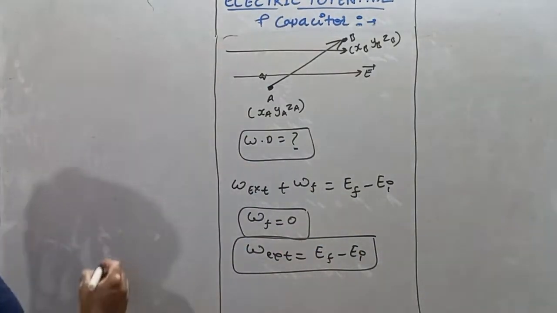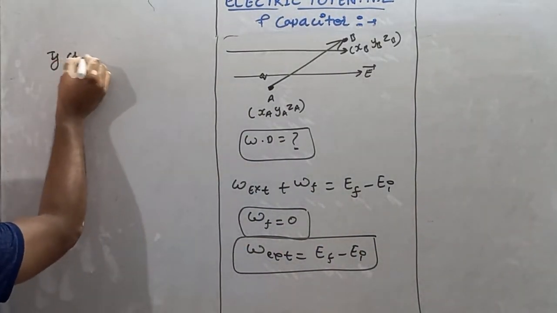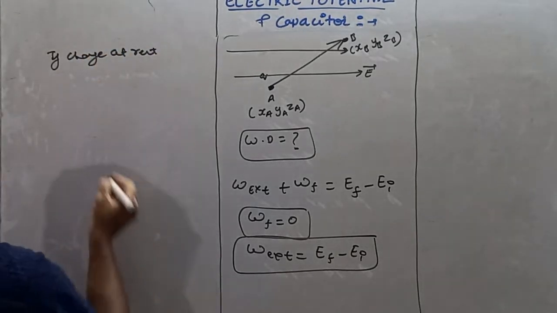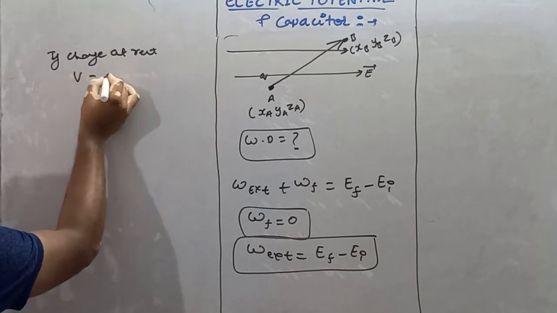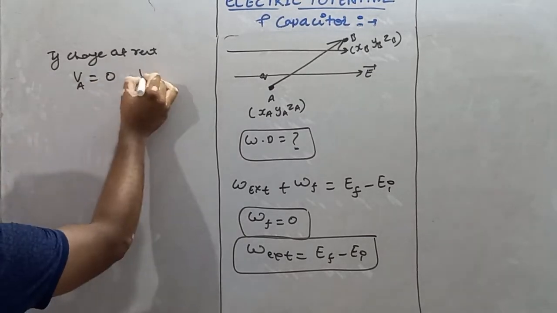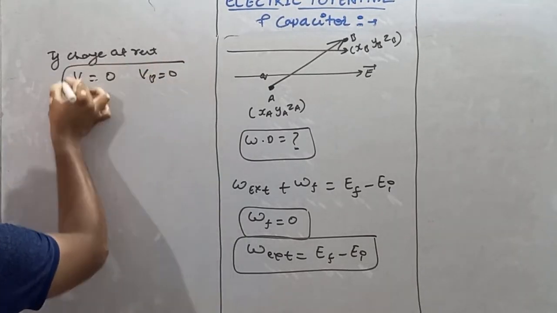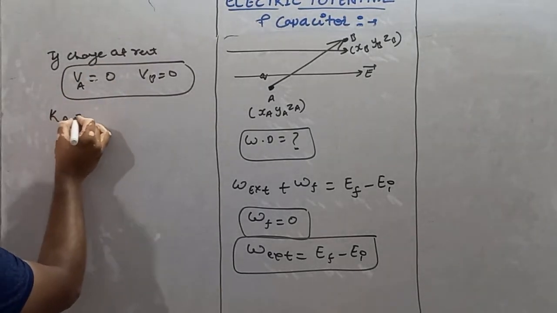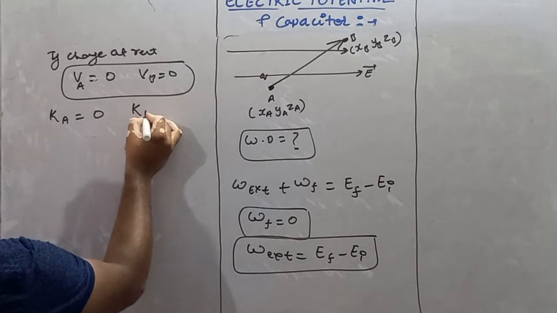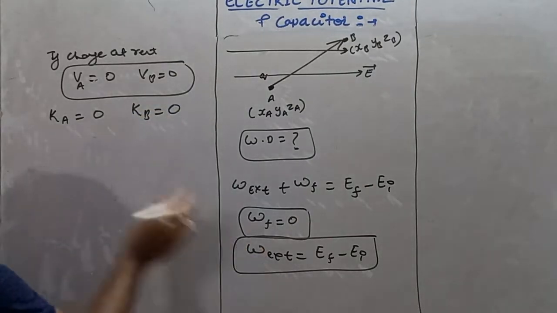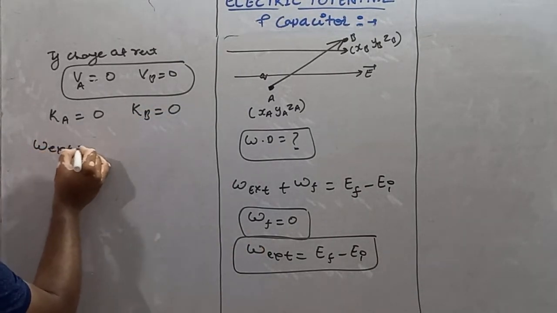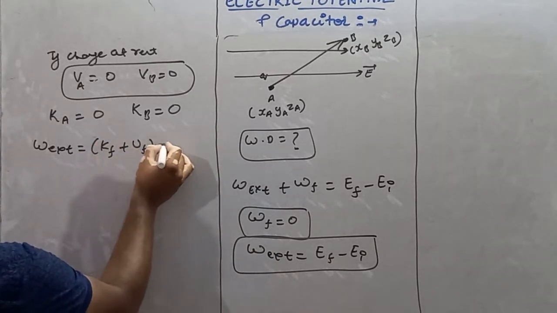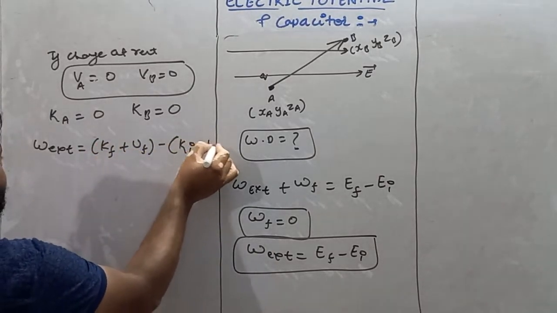So if the charge is at rest, we know that velocity becomes 0. So velocity at A is 0, velocity at B is also 0, and if velocity is 0, it means kinetic energy at point A is 0 and kinetic energy at point B is also 0. So work done by external force can be written as E final, K final plus U final, minus E initial, K initial plus U initial.